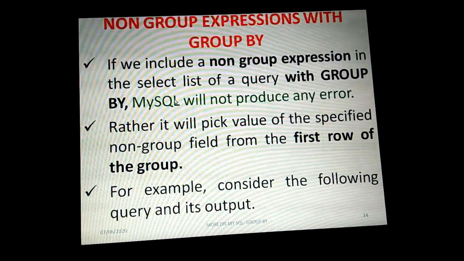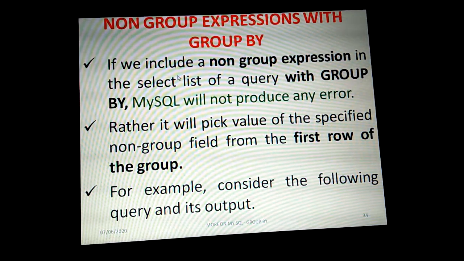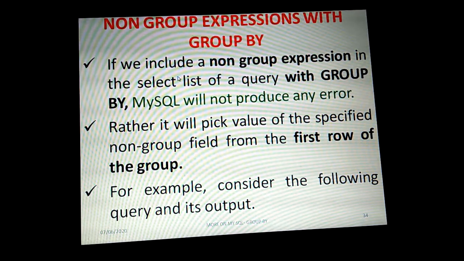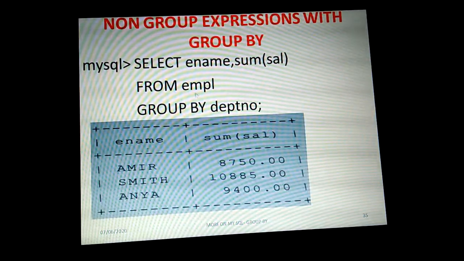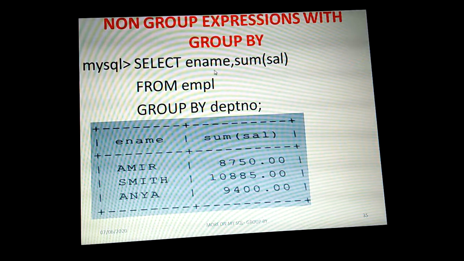Next one, non-group expressions in the group by clause. Even if we include non-group expressions, it will not generate any error. It will pick the value of the specified non-group field from the first row of the group. This we have already seen in the previous case. So we will see one query: select ename, sum of salary from the employee table group by department number.